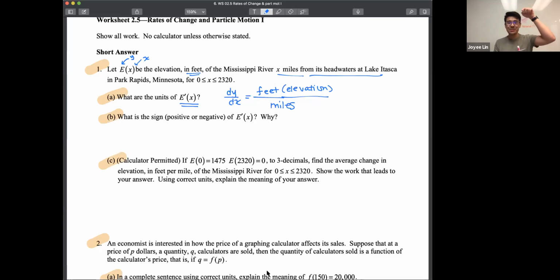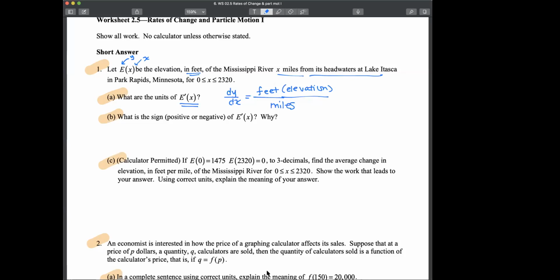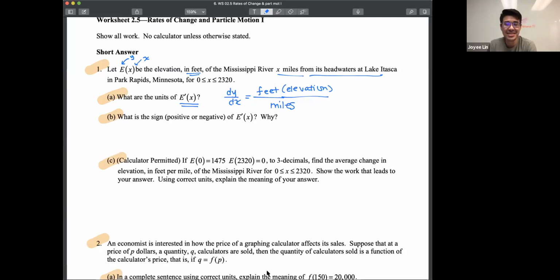Actually, rivers flow downhill. It'd be amazing if rivers flowed uphill. Yeah. So that's why E prime of X would be negative. Trick question. They probably give you more information. I don't think they expect people to know that rivers flow downhill. Or maybe, is that common knowledge? I don't know.